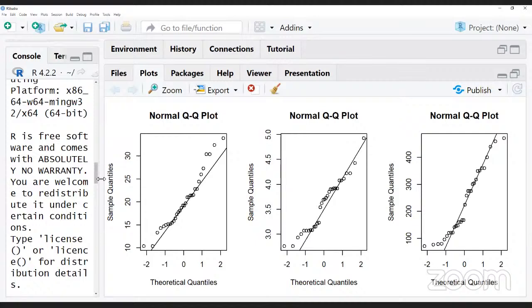Though some variables are a little bit skewed, almost all the observations are on the straight line. So this is the QQ plot, that is, whether your data follows the normality or not.